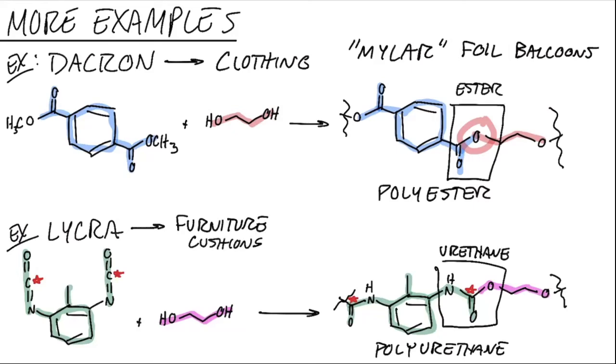If you make this polyurethane polymer and you do it in the presence of a bubbling gas, essentially you make a foam. And that foam is polyurethane, so it's probably what is in your couch, you know, in the dorm or at home. And then Lycra also, you probably would have heard in conjunction with clothing, because I think that's one of the brand names that is synonymous with spandex.